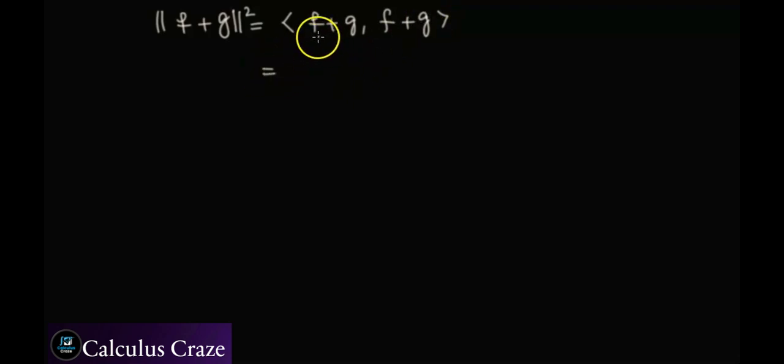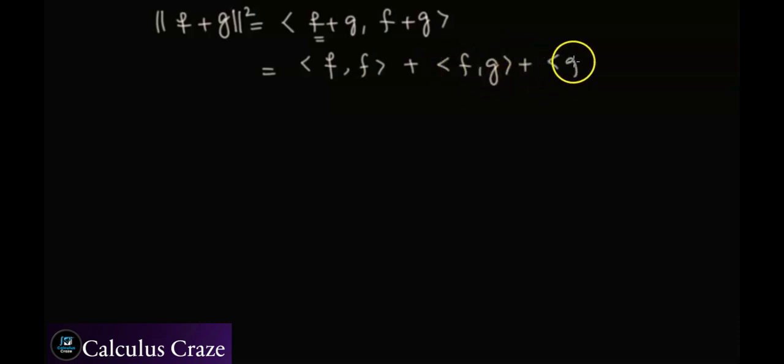So now you can use the sesquilinearity of the inner product, and applying this, you can write the inner product of f with f, and then f with g, and then the inner product of g with f, and then finally the inner product of g with g, right?